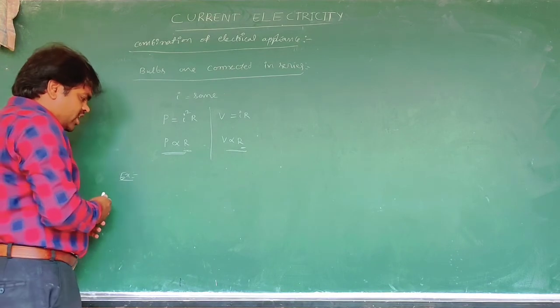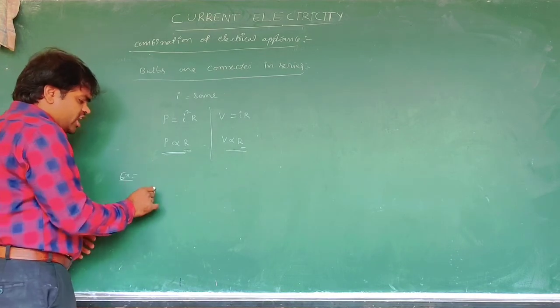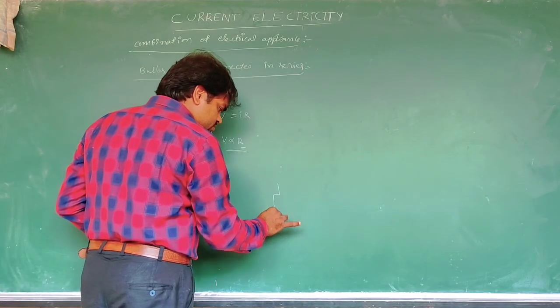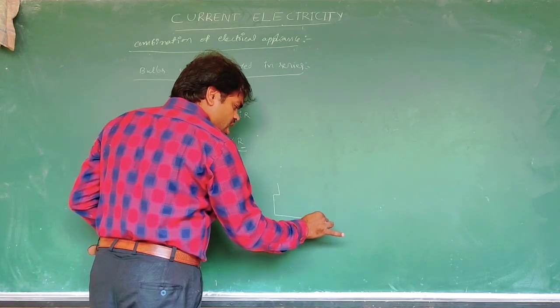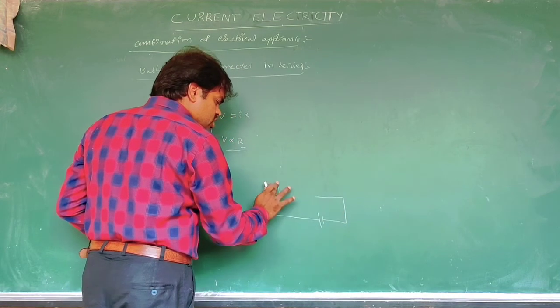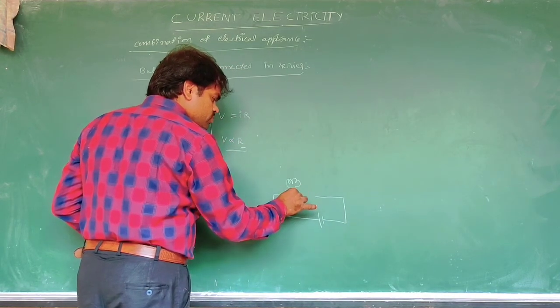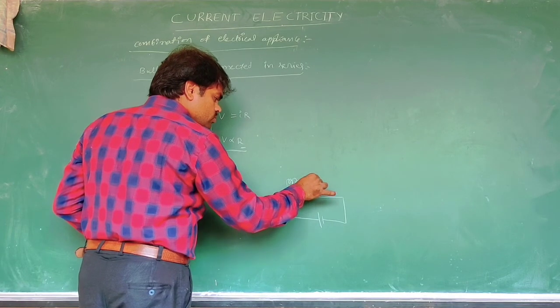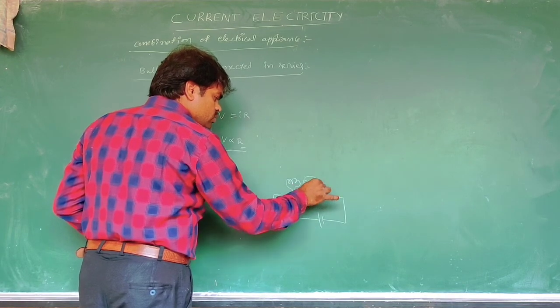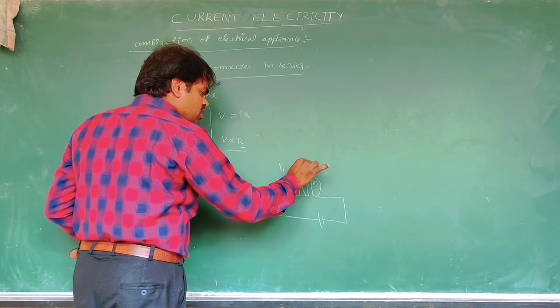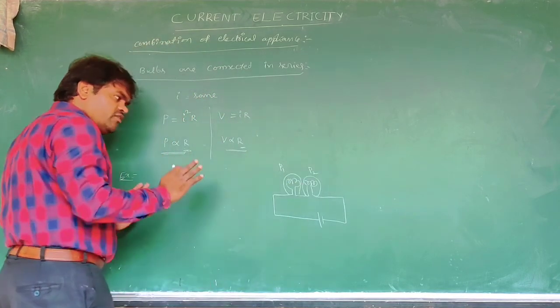Now let us consider two bulbs connected in series as shown in the figure, applying the same voltage V. The power of this bulb is P1, and the power of this bulb is P2, different powers.